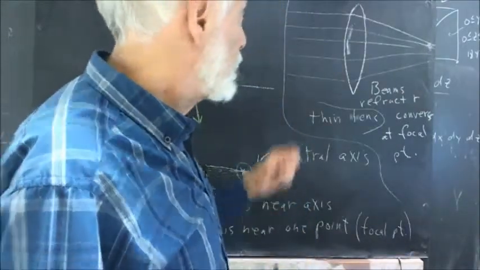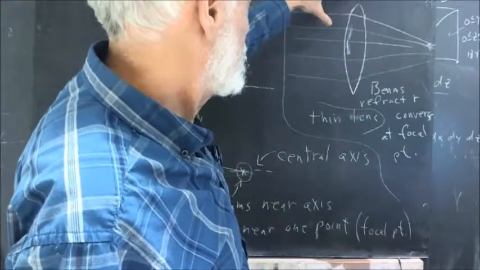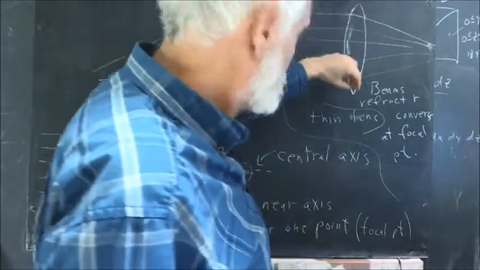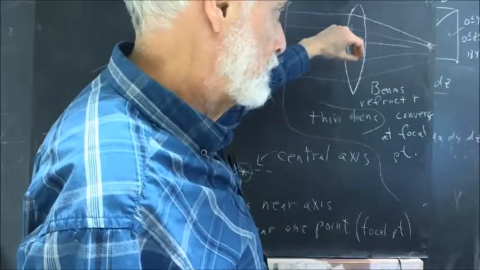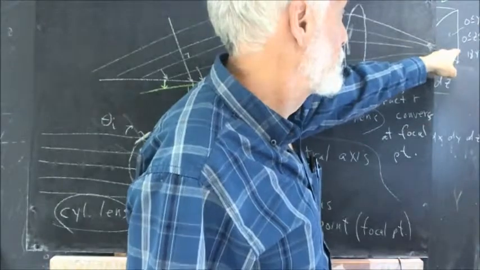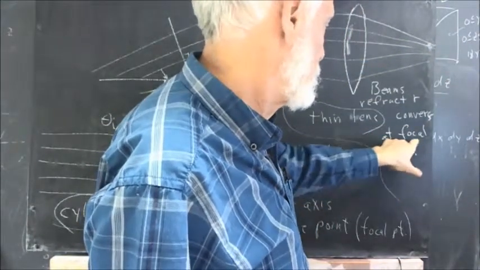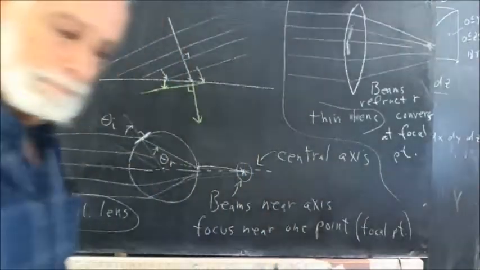But with a good and pretty thin lens, you're going to get pretty good convergence on a point out here, and the ideal point at which they converge is called the focal point.